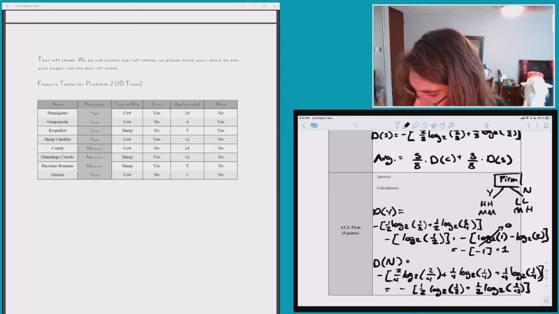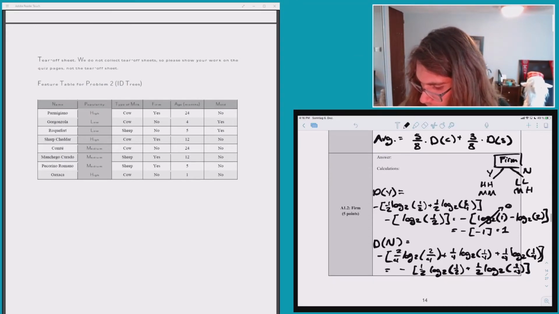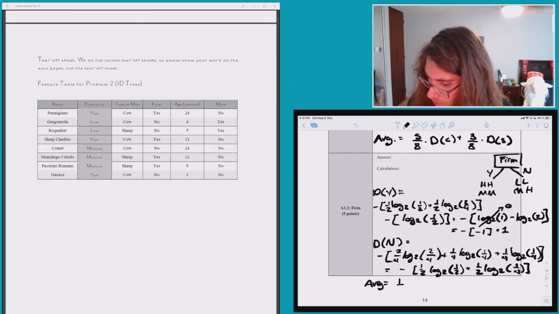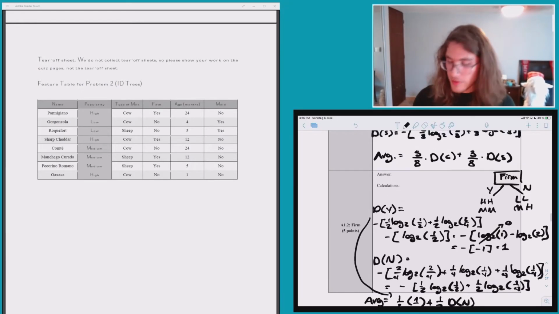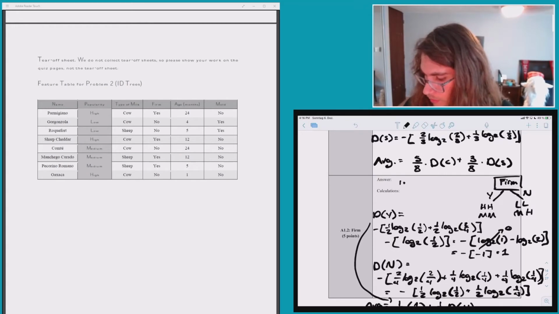And then the average calculation is going to be, I'm going to have to rely on this white space at the bottom. Because the points are equally split across both branches, 1/2 times the disorder of yes, which is just 1, plus 1/2 the disorder of no. And it works out to be 1.25 if you work out all the numbers.